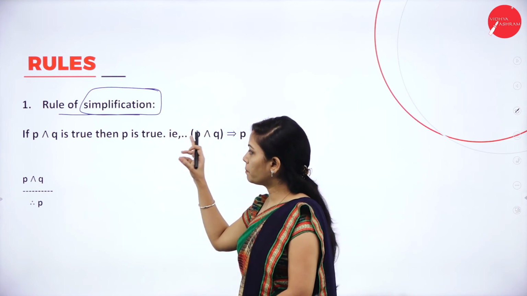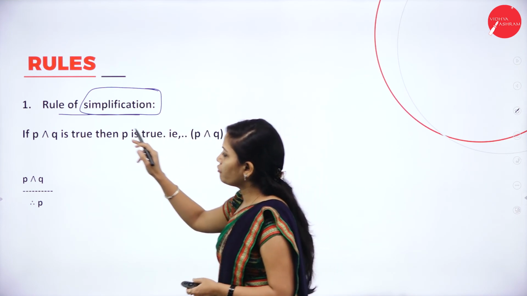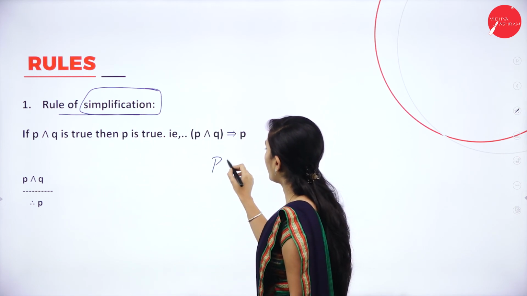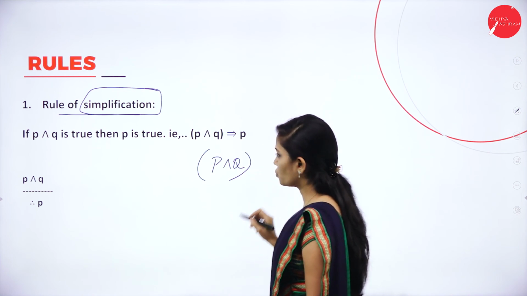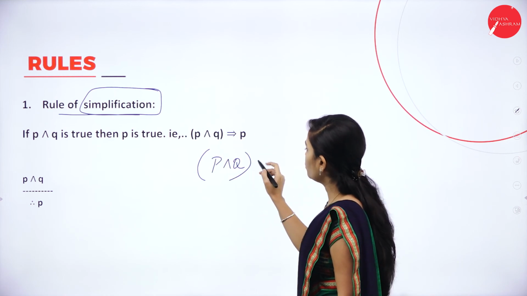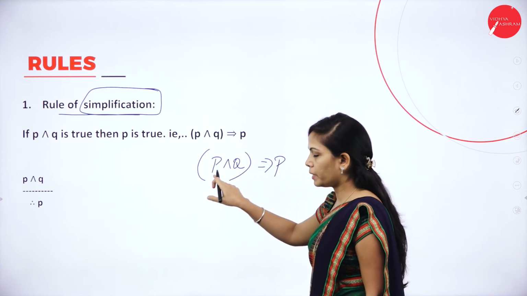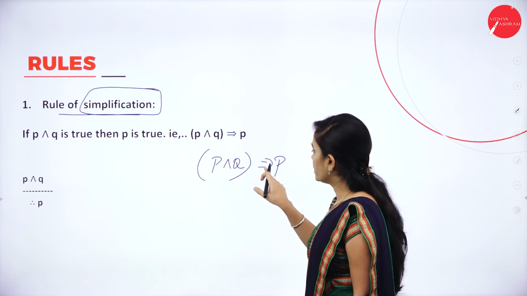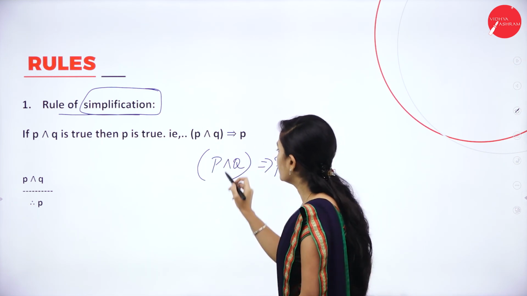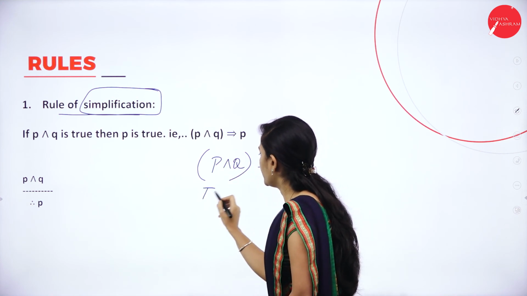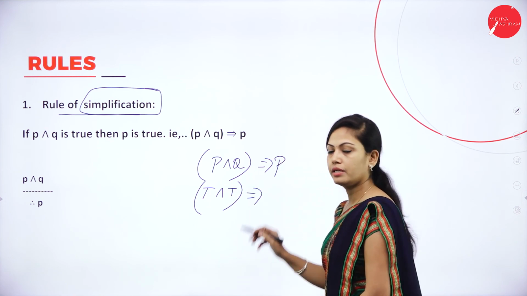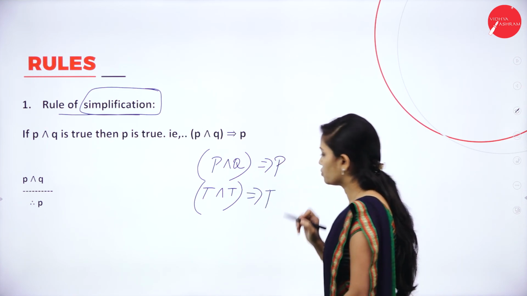The rule of simplification states that if P and Q, using the AND operation, is true, then P is true. That is, P and Q implies P. If P and Q is true, then P must be true.